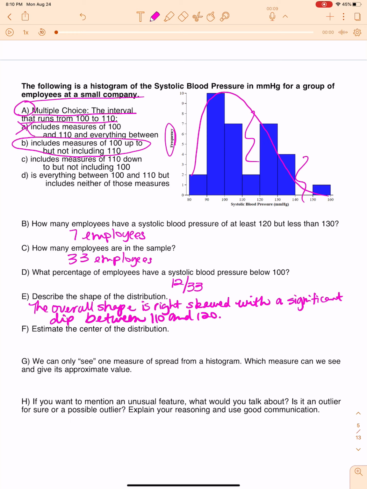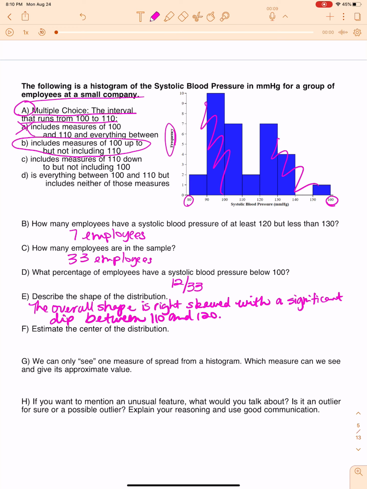All right, F, estimate the center of the distribution. Okay, well, estimating the center, you have to be so careful, because the mathematical center, if you look at this, we've got an 80 here and a 160 here. 120 is not the center of the data, because there's more data over here than there is over here. So if you want to truly find the center with a situation like this, we've got a countable number of people.